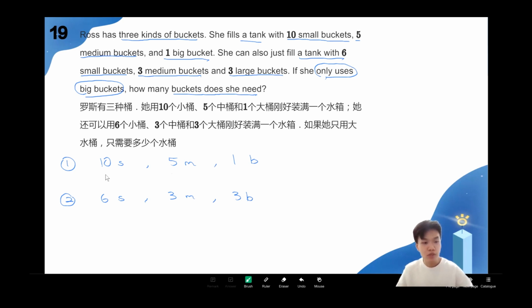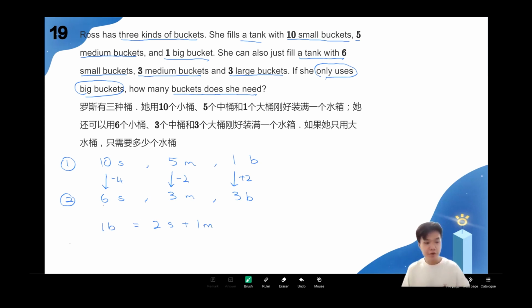From 1 to 2, she uses 4 less small buckets, 2 less medium buckets, but 2 more big buckets. If we divide it by 2, we would see 1 big bucket equals 2 small buckets and 1 medium bucket.